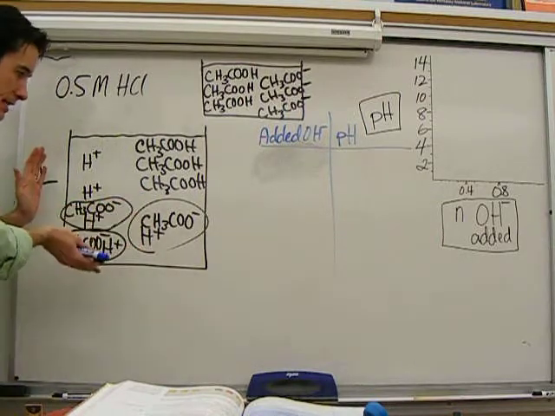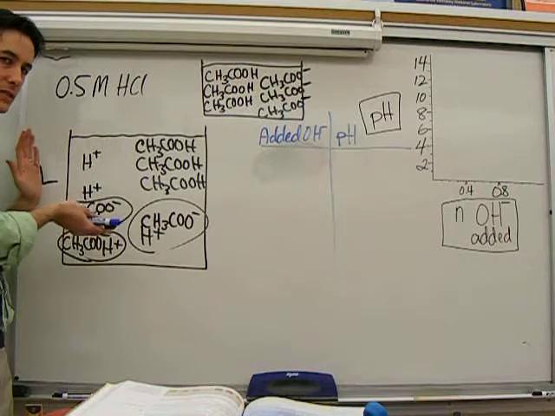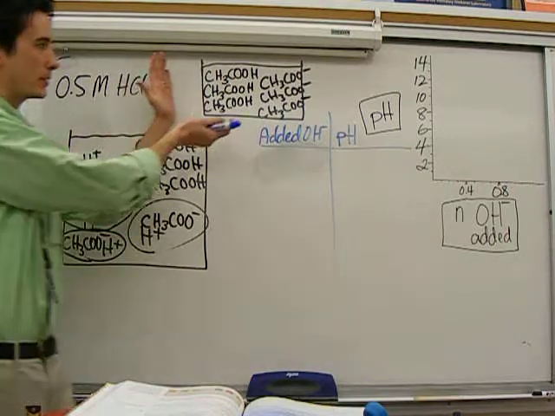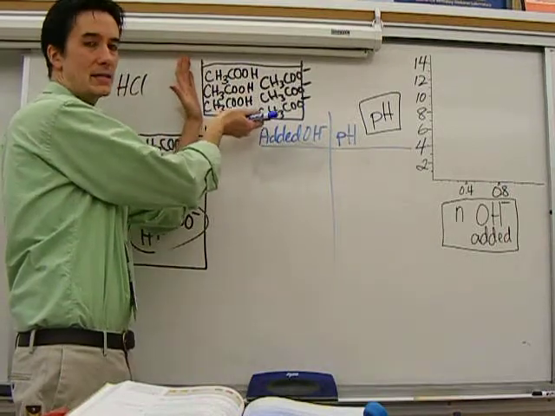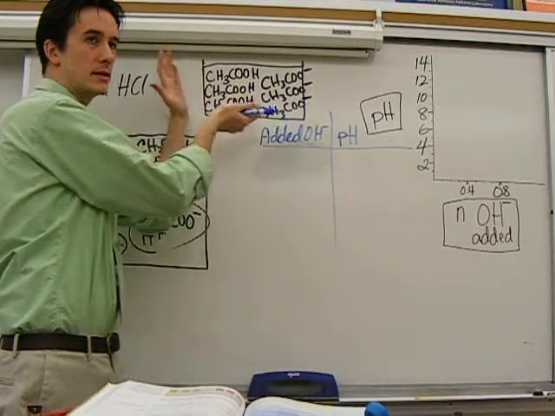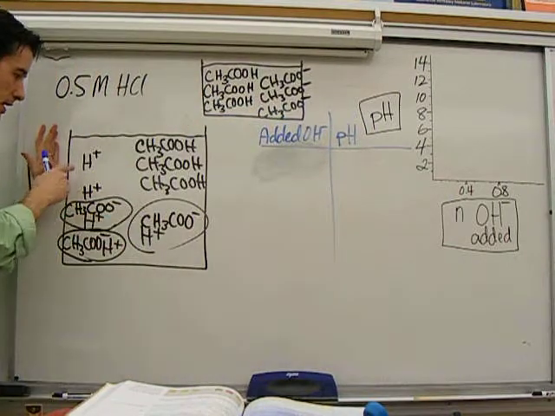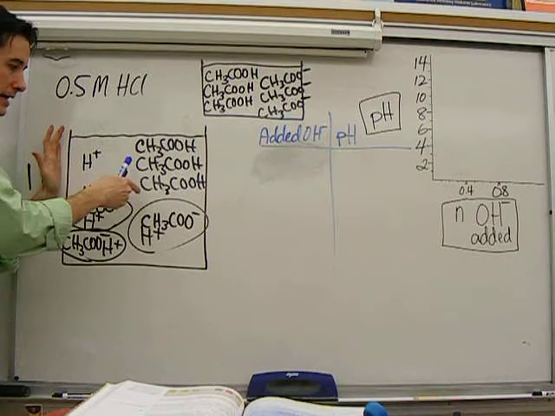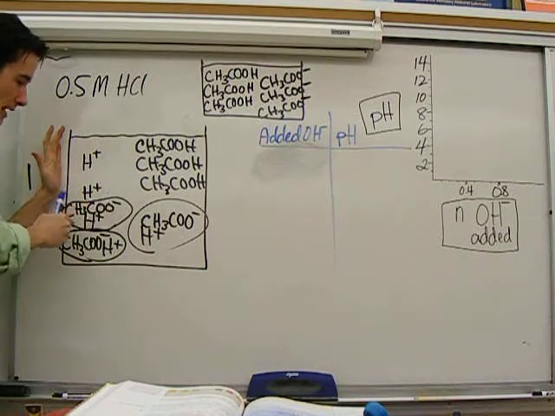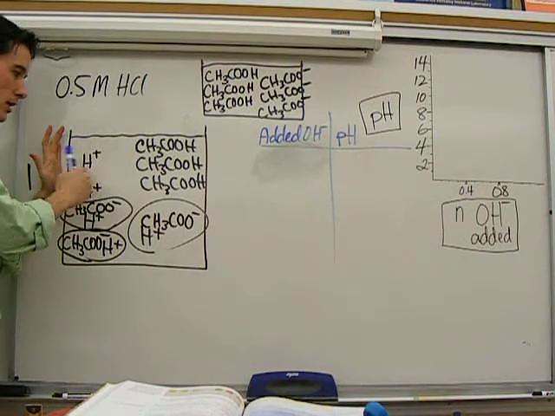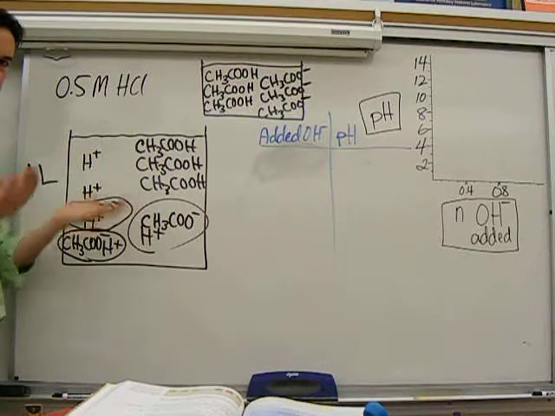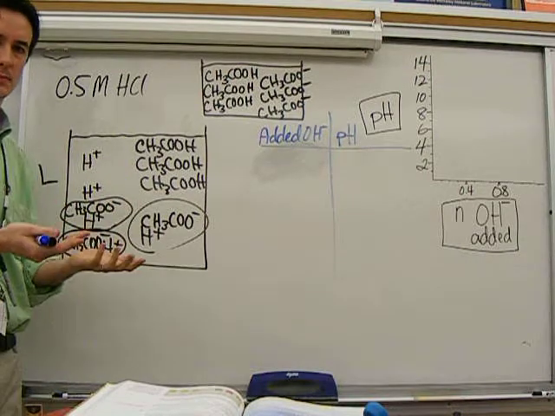So we need to think about what's actually in this container right now. It's not like before. Before we had acetic acid and acetate. Now we've got hydrochloric acid and acetic acid. So right now it is a mixture of a strong acid and a weak acid. That's what's special about that.